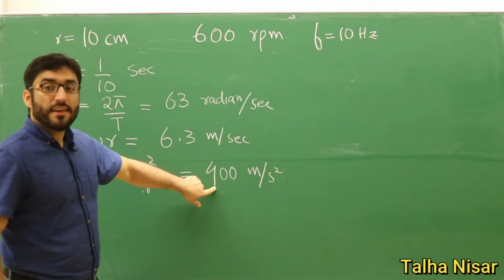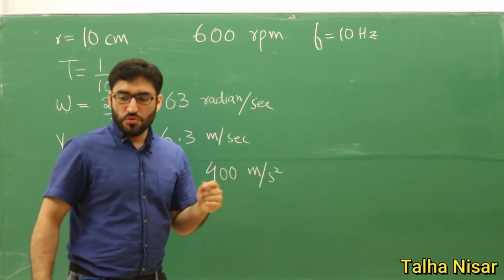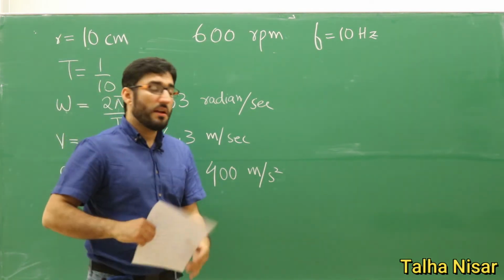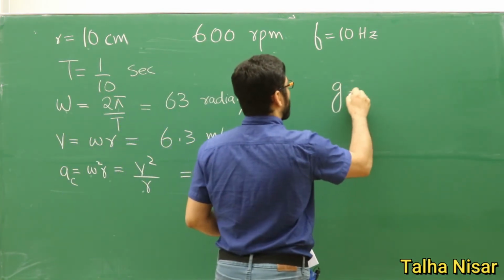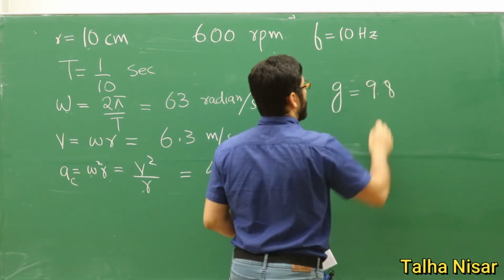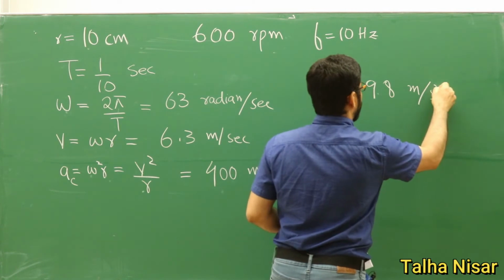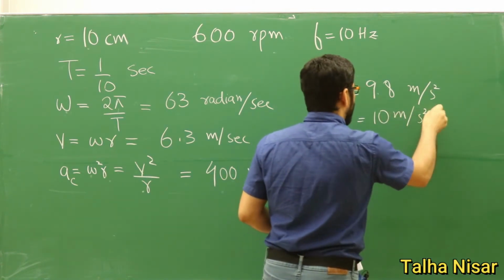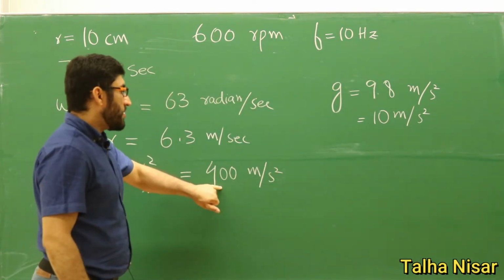This 400 meters per second squared is a very high acceleration. If we compare it to the acceleration due to gravity, the g that we talked about in our previous lecture, which was 9.8 meters per second squared, or about 10 meters per second squared, this is much higher.